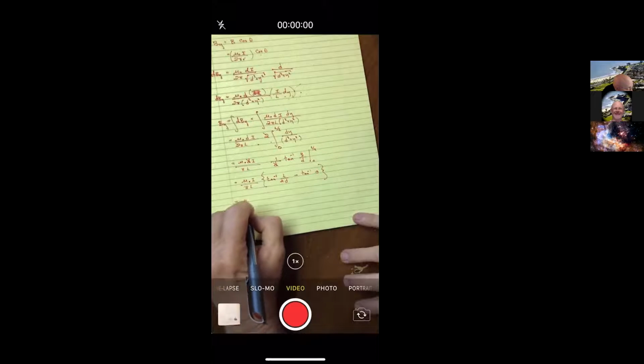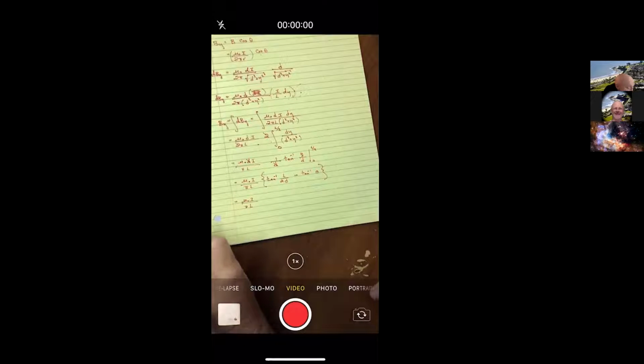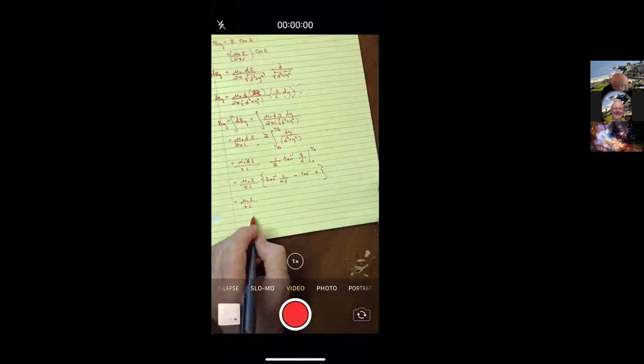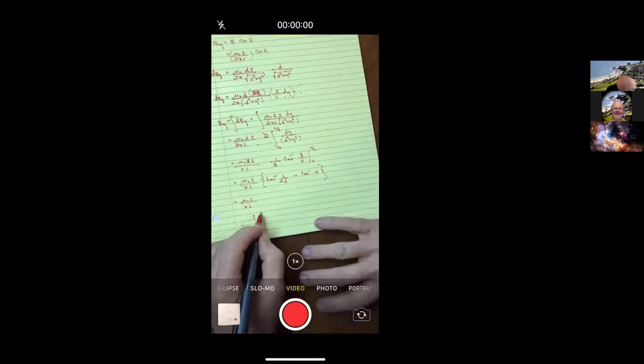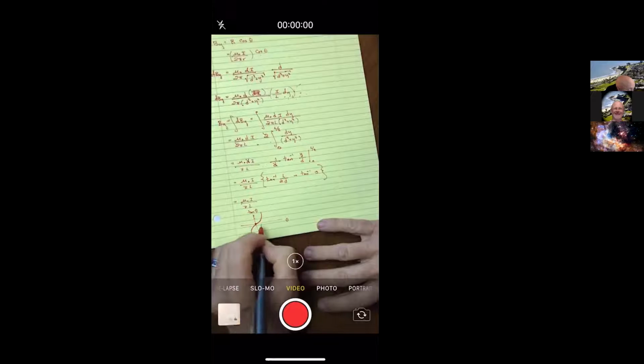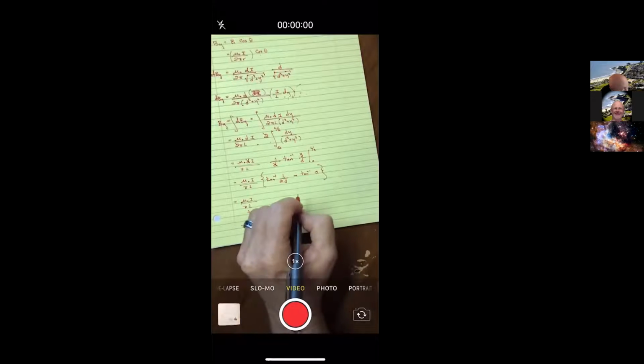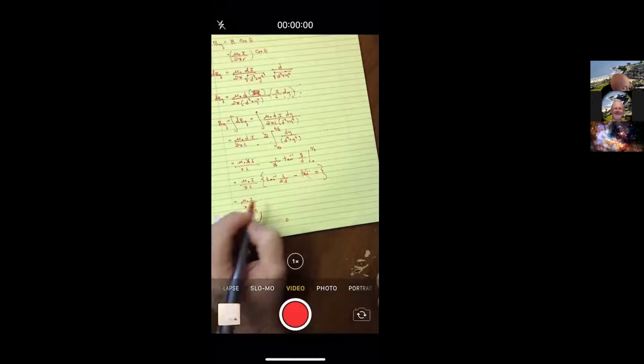Inverse tangent of 0 must be 0, right? Let me draw a graph here. So this would be something that looks like that, right? So when the tangent is 0, this is the function tan theta. When that's 0, the angle is 0. So that one I can ignore.